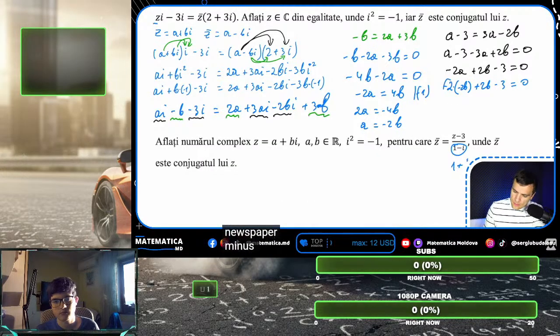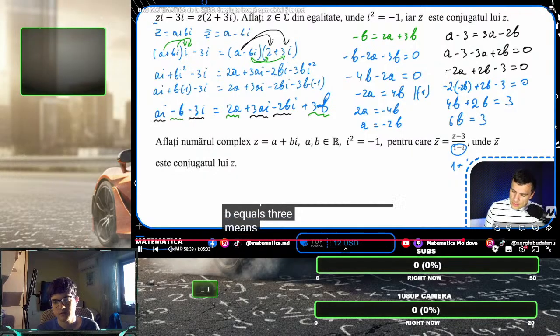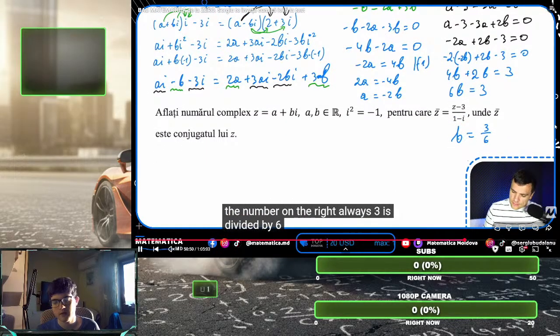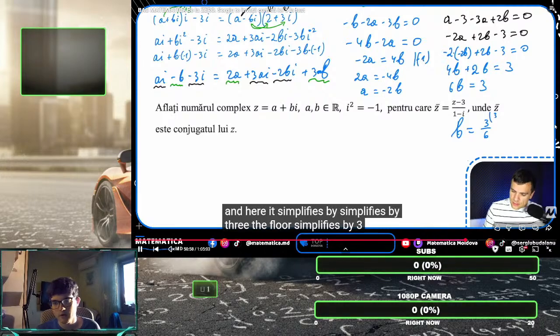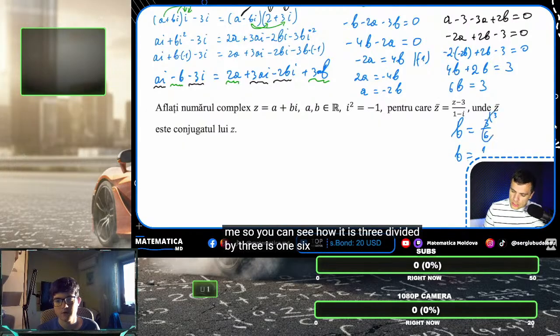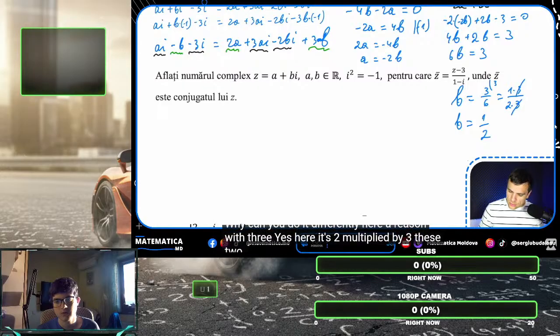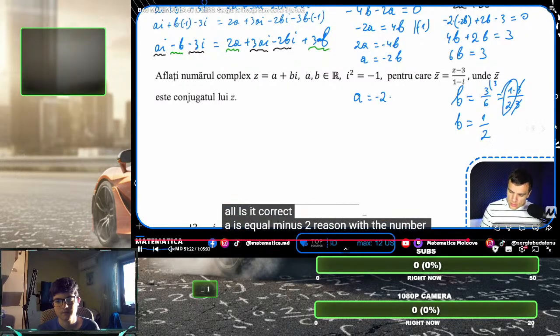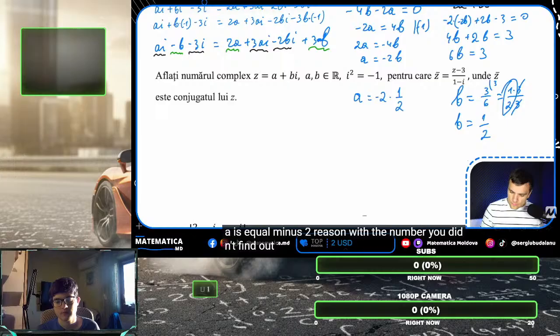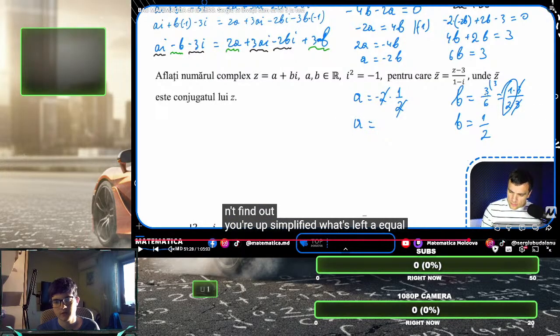That's it, right? Write down the response. We got 4b plus 2b, that, and that, and b's that. So I just simplified straight away. So it's going to be 1 divided by 2, essentially the b right there. Alright, so that's that. A is minus 2, like you just plugged it into this expression with a equal minus 2b.